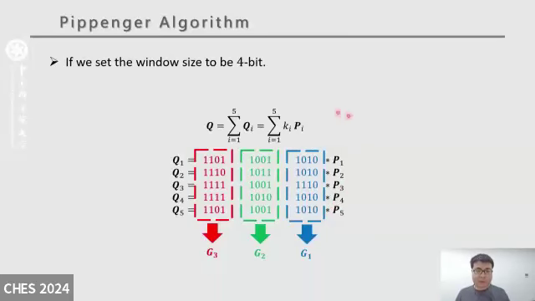If we set the window size to be 4 bits, then we can divide all these scalars according to these windows. And then we can obtain some independent subtasks just like this.